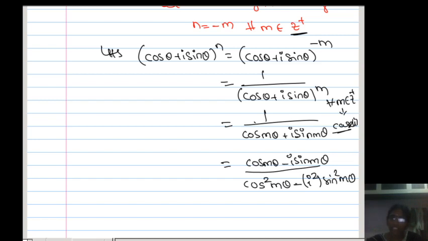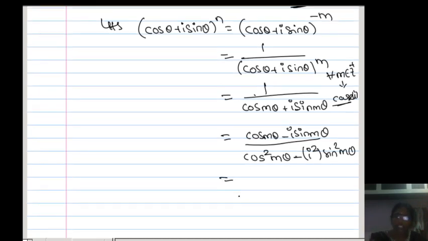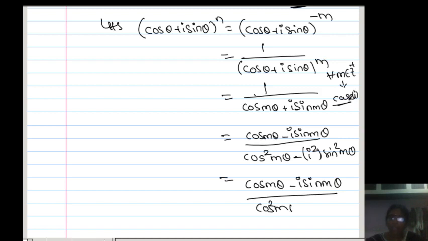But i squared means minus 1, so minus into minus is plus. What is the numerator? Cos m theta minus i sin m theta, over cos squared m theta plus sin squared m theta.